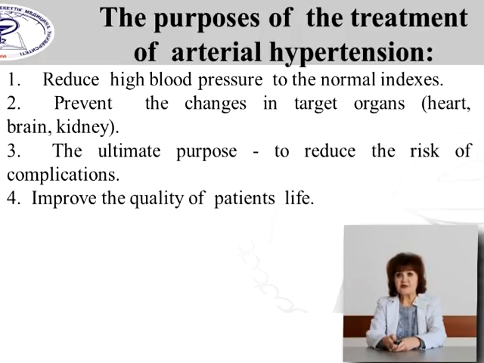Next, prevent the changes in the target organs, such as heart, brain, kidney. Next purpose, the ultimate purpose, to reduce the risk of complications. And at last, improve the quality of the patient's life.